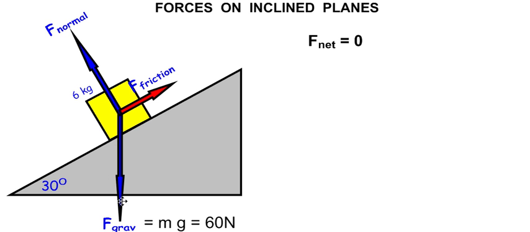We now need to resolve the weight force into two perpendicular components. One will be parallel to the slope, and the other will be perpendicular to the slope. To do this, we will draw a parallelogram with lines parallel and perpendicular to the slope, both at the tail and the head of the vector.